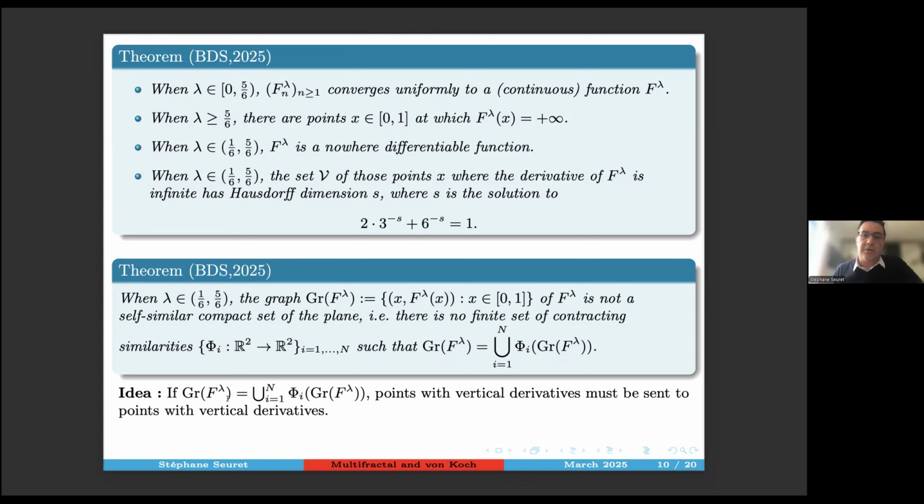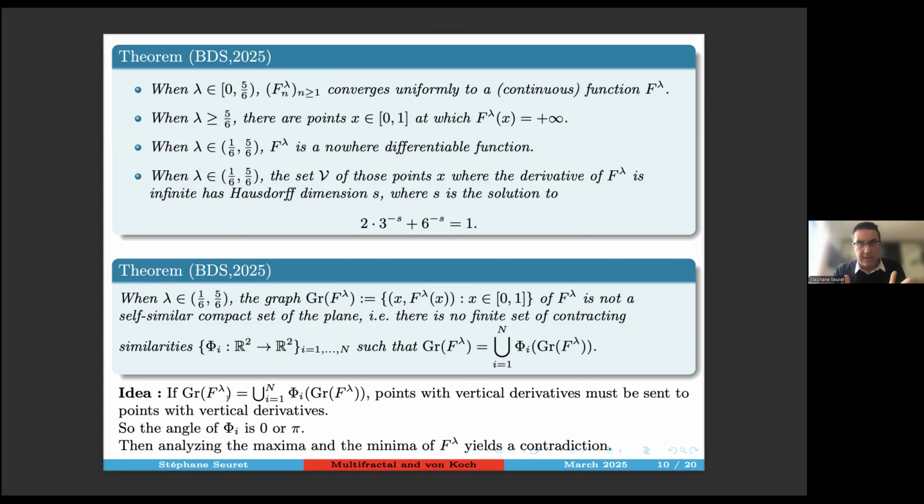And so then you can analyze the maxima and the minima of f lambda to get a contradiction, okay? And so this existence of infinite derivatives is quite interesting and useful, okay?